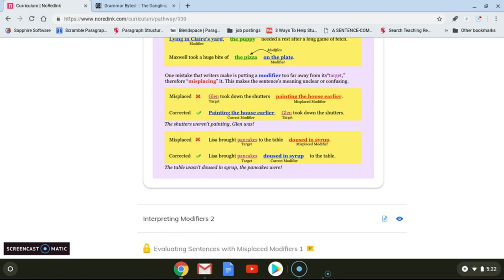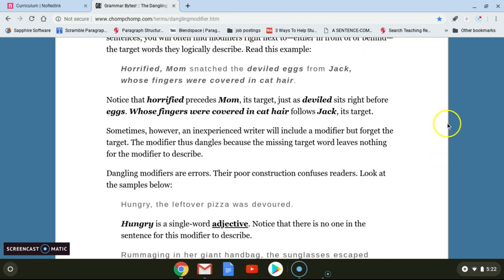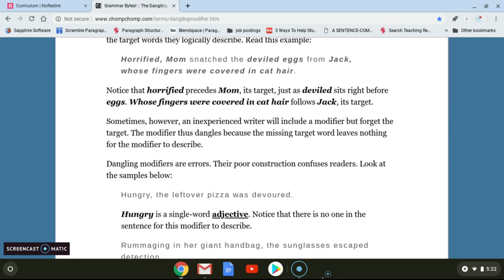Next, we're going to take a look at dangling modifiers. A dangling modifier is a modifier that does not have a target. Sometimes writers will include modifiers, words or phrases that describe, but the writer did not include a target in the sentence.